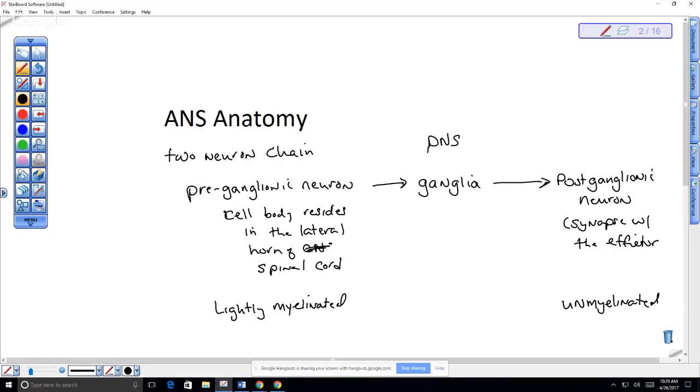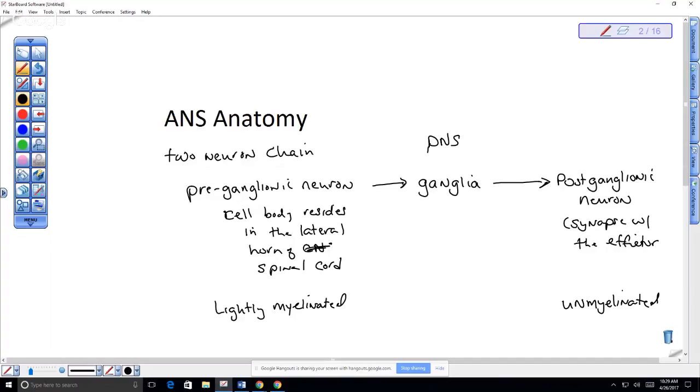So the response of the autonomic nervous system would therefore be slower than the responses of our somatic nervous system. Our ability to move our muscles is quicker than our ability to regulate the production of saliva, right? There's a little bit of delay there when we start thinking about food and when we start to salivate. Okay, so it's unmyelinated.